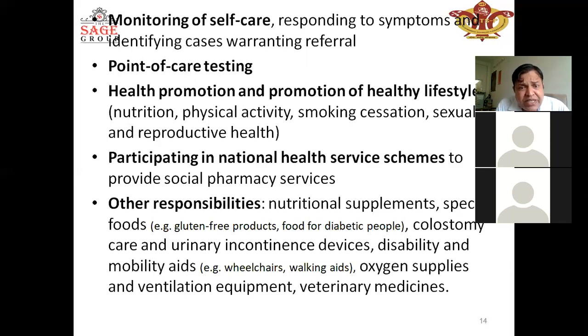Participating in the National Health Services Scheme to provide social pharmacy services, just like in India, a number of drugs are given under the National Health Services, like tuberculosis medicine, which is directly given to the patient by health service personnel like ASHA workers and the local pharmacist or health center personnel of a particular area.